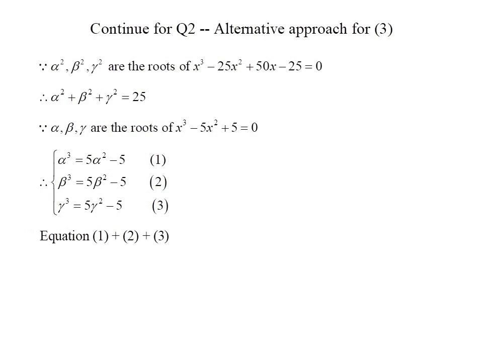After adding equation 1, equation 2, and equation 3, and since we have already learned the value of the sum of alpha squared, beta squared, and gamma squared, we can calculate the value of the sum of alpha cubed, beta cubed, and gamma cubed, which is 110.